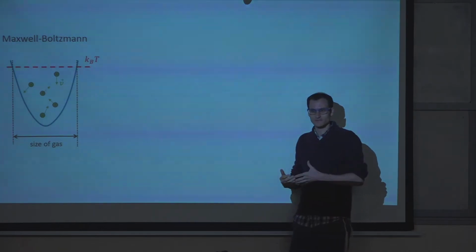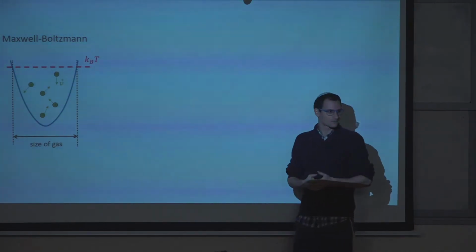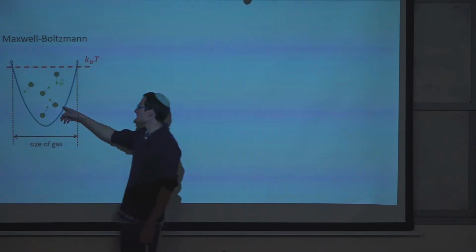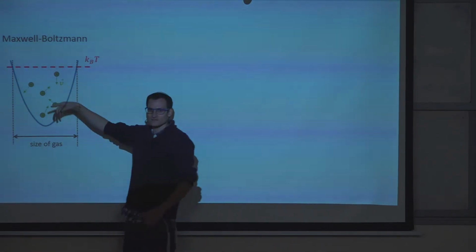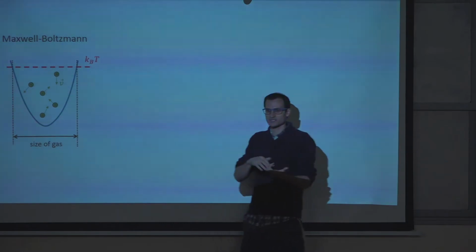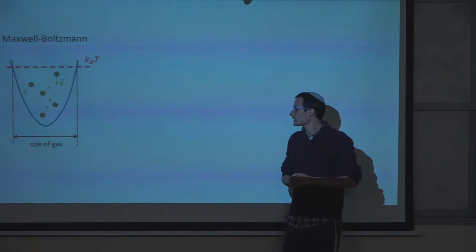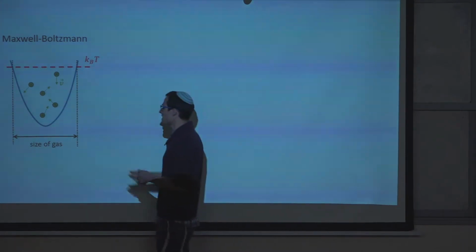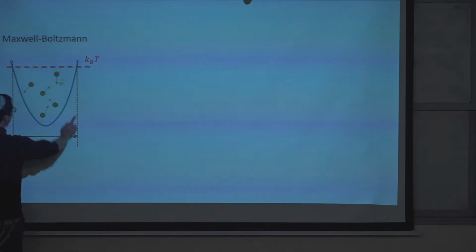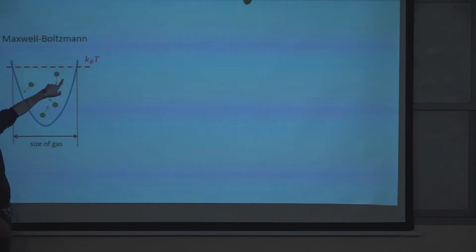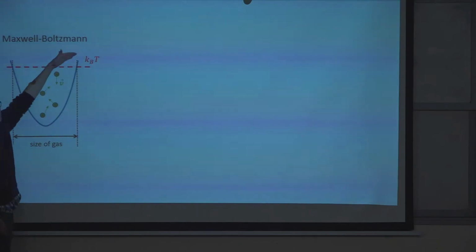So the distribution of velocities will follow a Maxwell-Boltzmann distribution, and I illustrate this with little particles flying around, and in this case you know their position and their momentum simultaneously because it's a classical gas. The size of the gas is more or less where the particles turn around. They cannot go beyond this point because their kinetic energy doesn't allow them to go higher up in the potential.